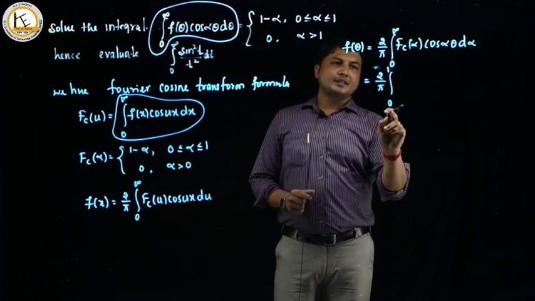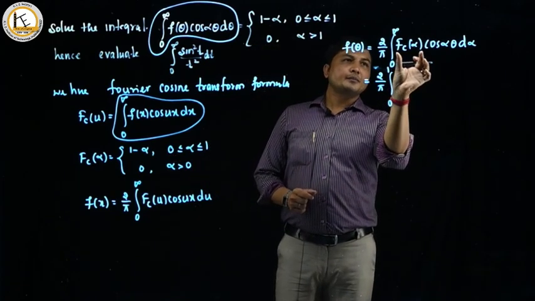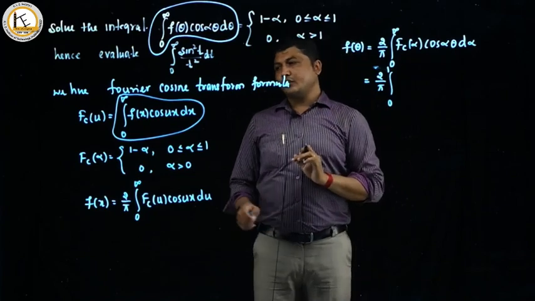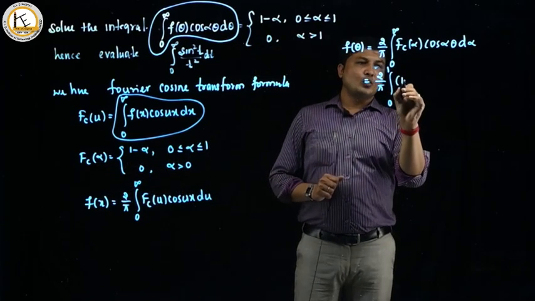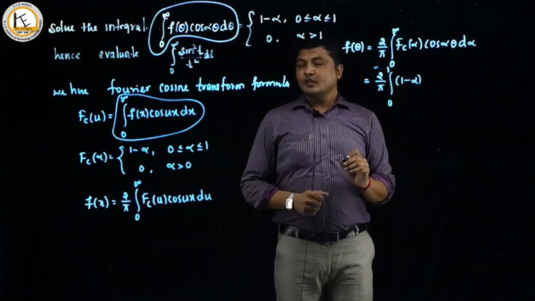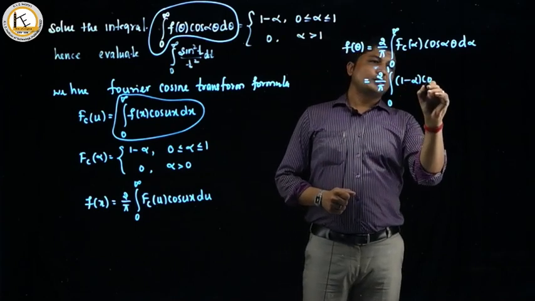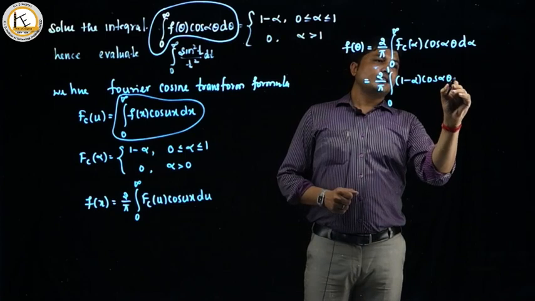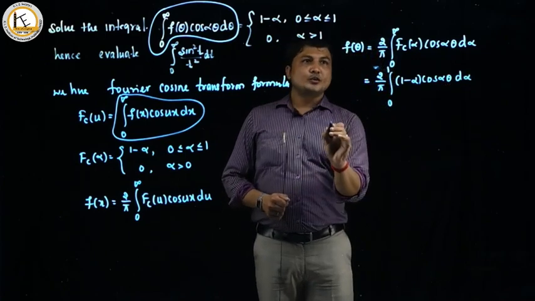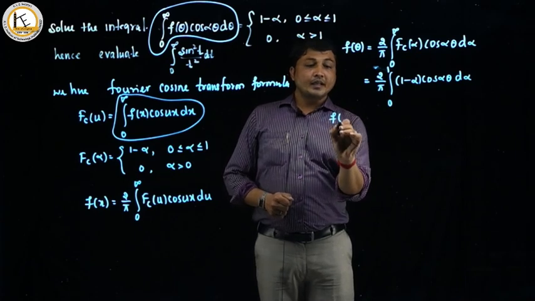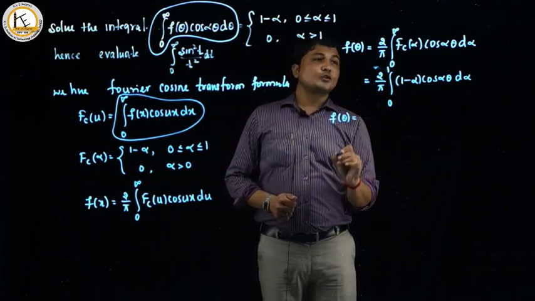So I will substitute the value for Fc of alpha: 1 minus alpha into cos alpha theta with respect to alpha. Now we need to integrate it with respect to alpha.